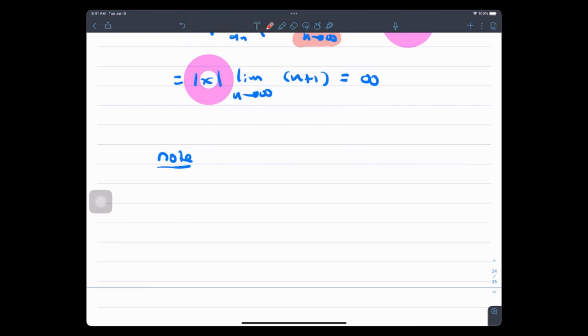Where does n plus 1 go? It goes to infinity. But you have to be careful. This assumes x is a non-zero number. So if x is a non-zero number, then you have this limit going to infinity, which means you have divergence. Is that true?